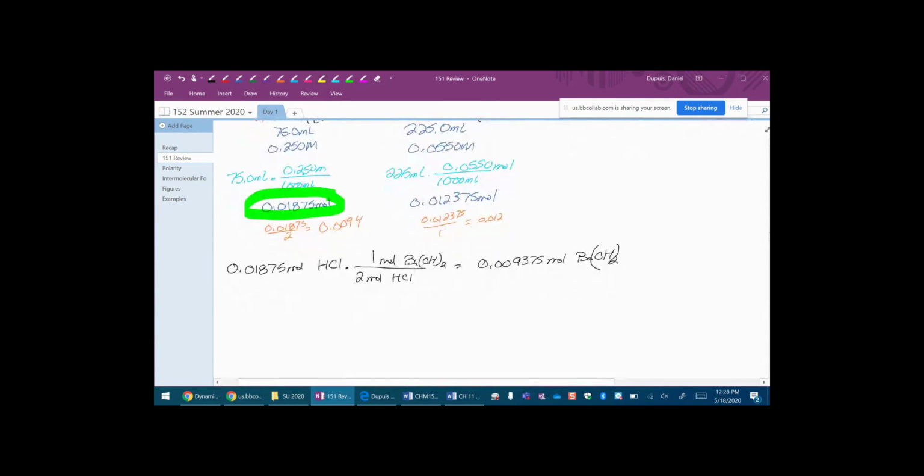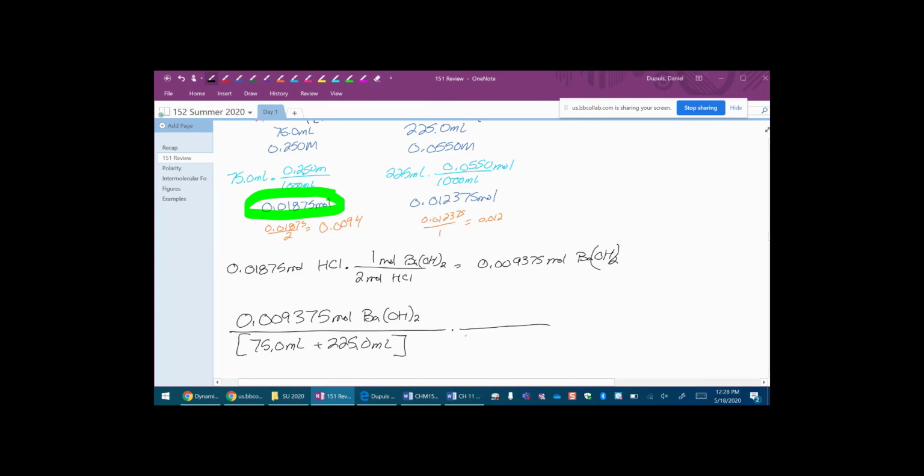All right, so we know our volume, I know I have 0.009375 moles of BaOH2, and my volume is 75 milliliters plus 225 milliliters. All right? So we're going to take this.